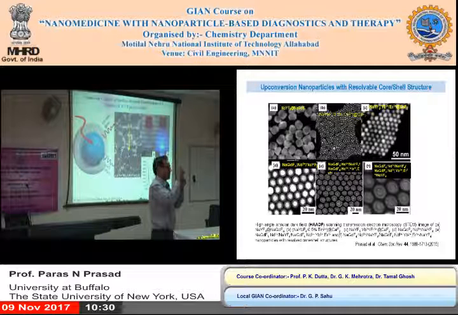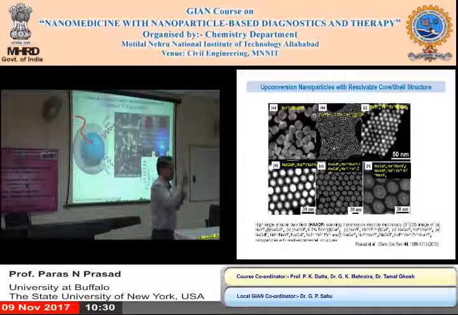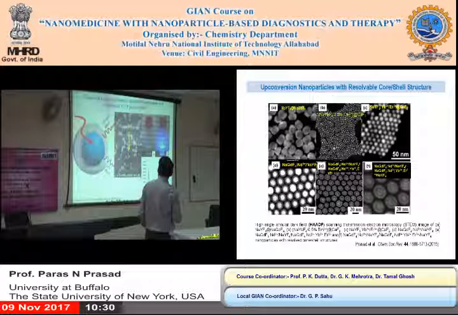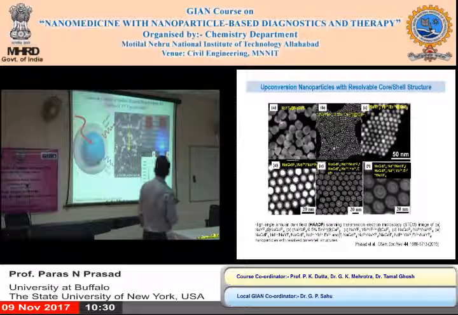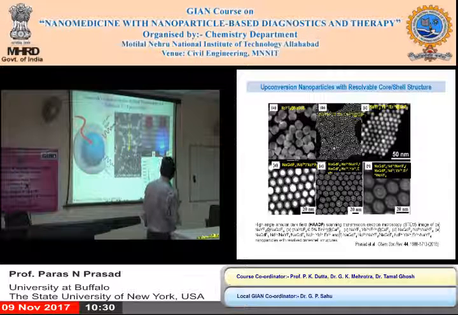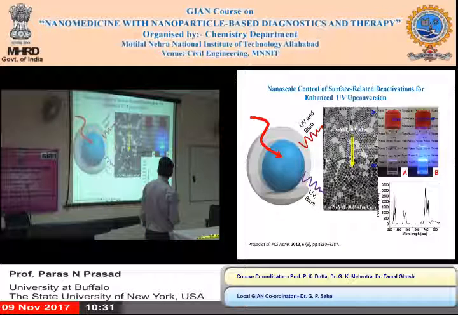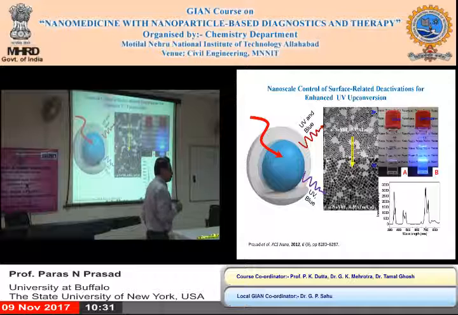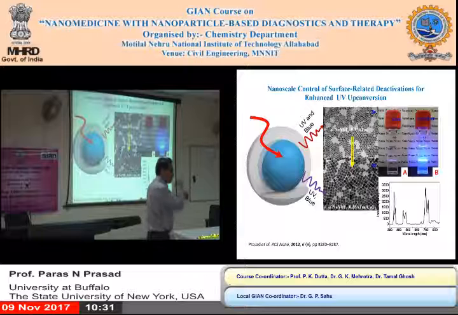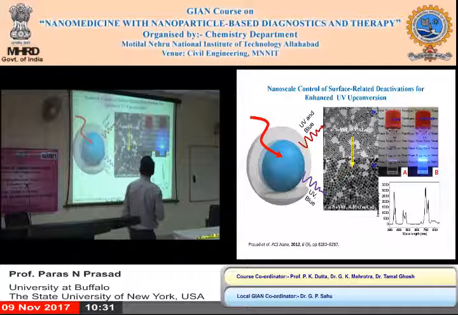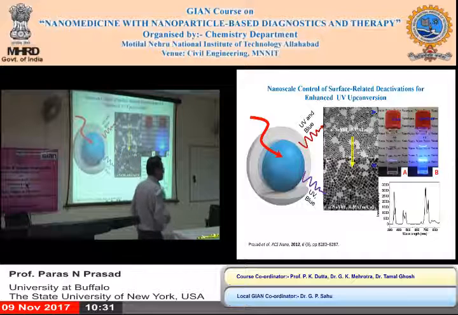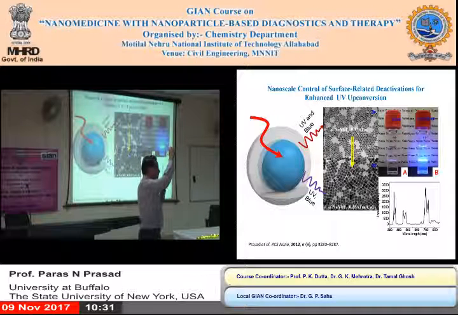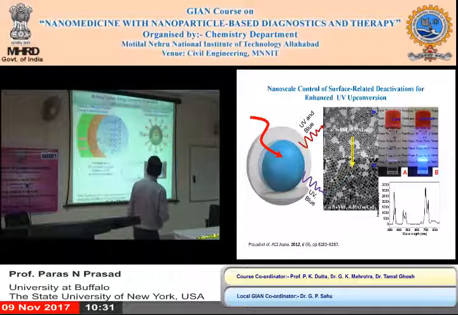So they can climb by 1 photon, 2 photon, 3 photon, 4 photon, and you can have 4 photon induced blue emission or UV emission. We showed that if you put this kind of shell, then this up conversion by 4 photon into UV or blue is enhanced hundreds of times, very strongly enhanced, because the surface is protected. So the core shell structure is very important, especially when you want to climb up very high, by 4 photon or something.